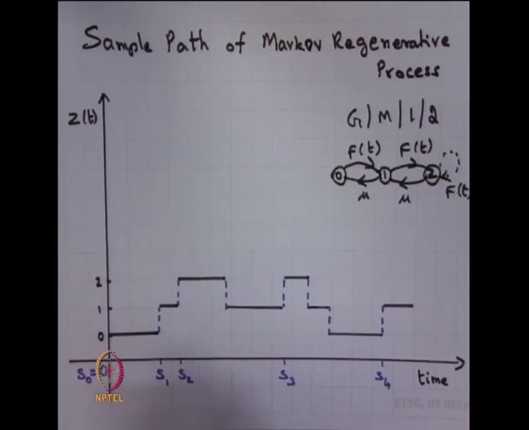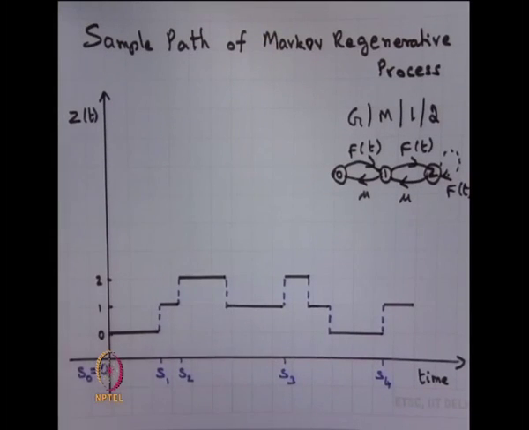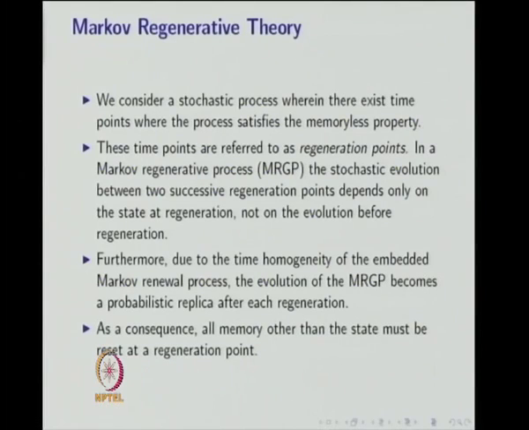That means you should remember where the system was at the time point S2 as well as where the system was at the time point S3, and you don't need anything before the regeneration time. As a consequence, all memory other than the state must be reset at the regeneration point.